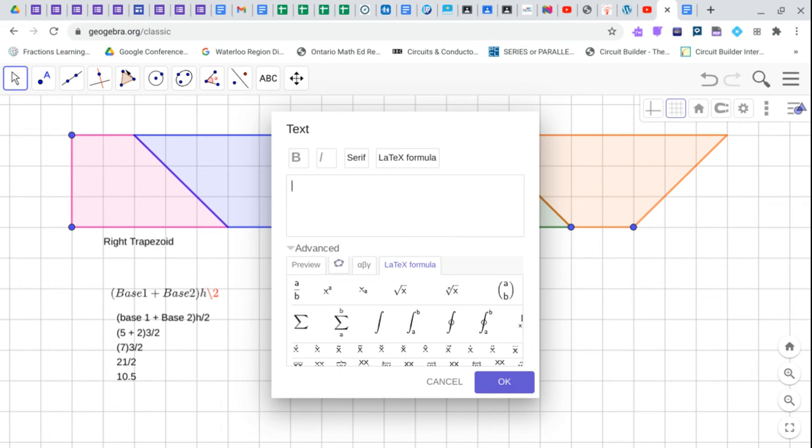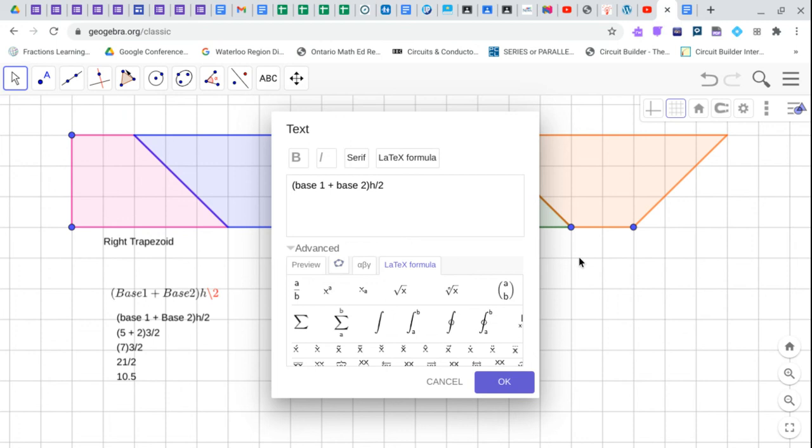Base 1, which is right here. So I'll do this, base 1 plus base 2 in brackets times the height. Again, we don't need the multiplication symbol. I could do it like this, but we don't need it, divided by 2.